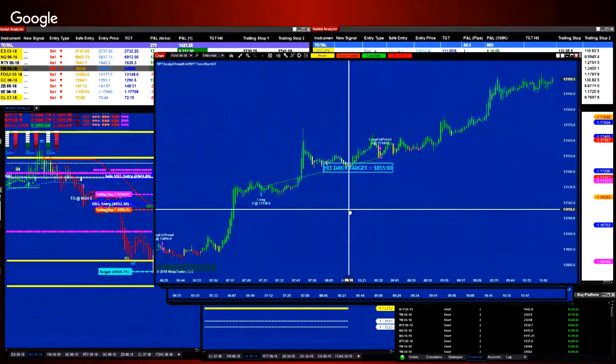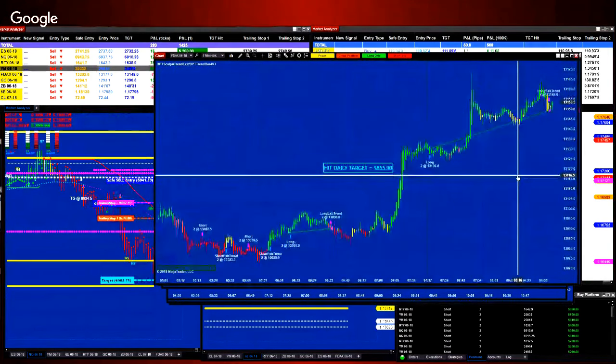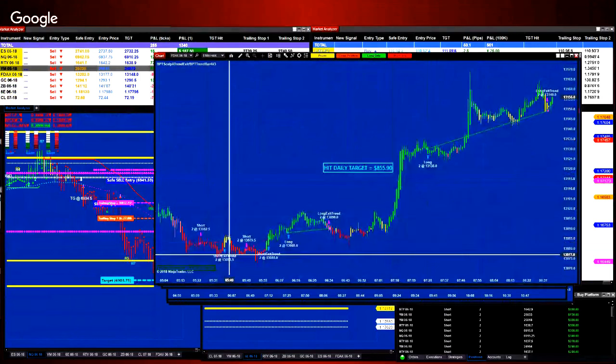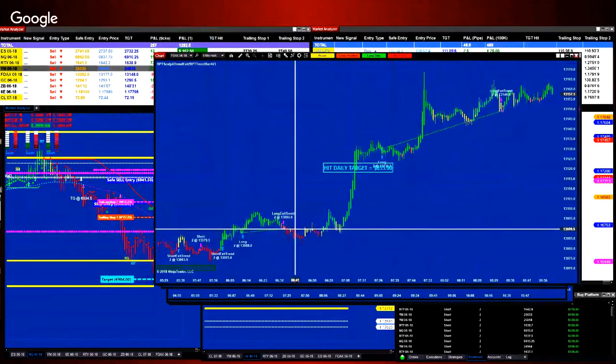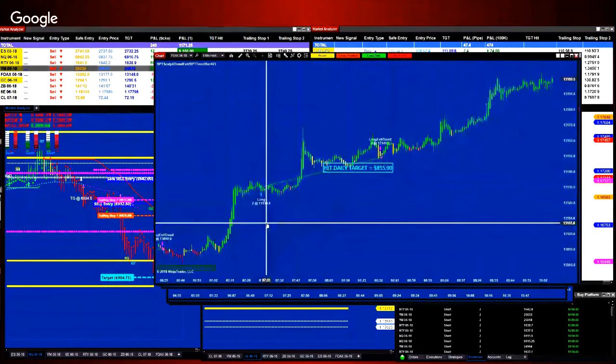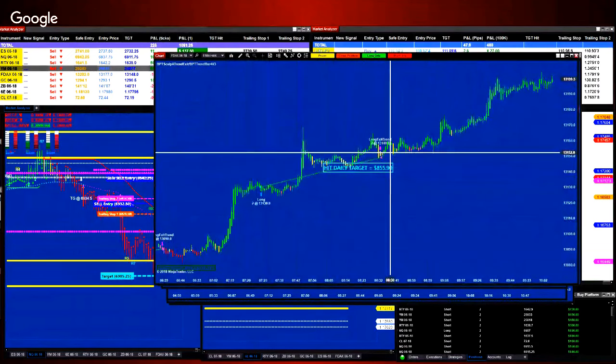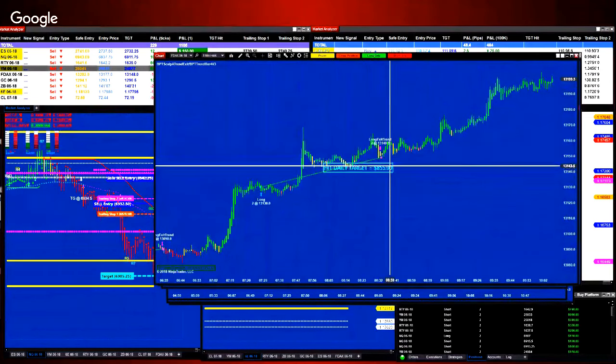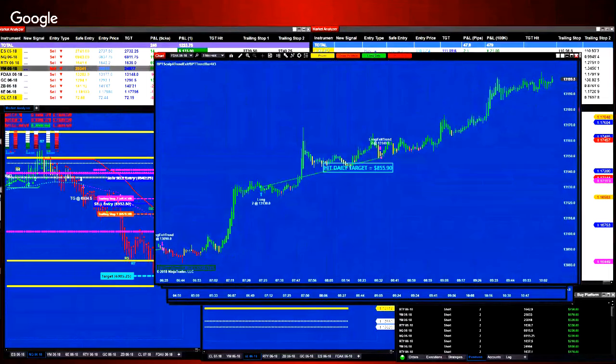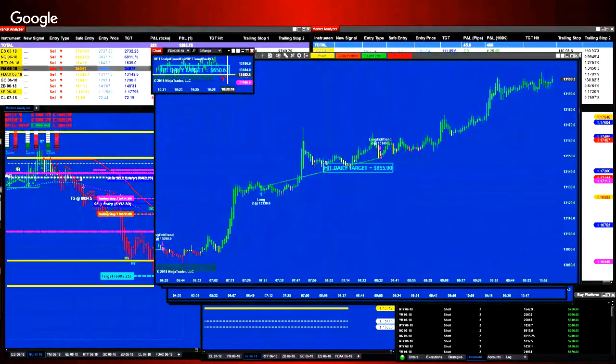And we took a few. There is one losing trade, two losing trades, one almost a break even, and then once the market starts spiking, we got 855.90.